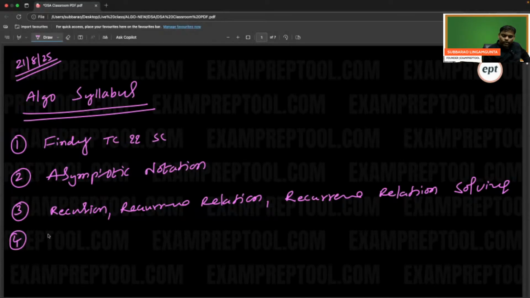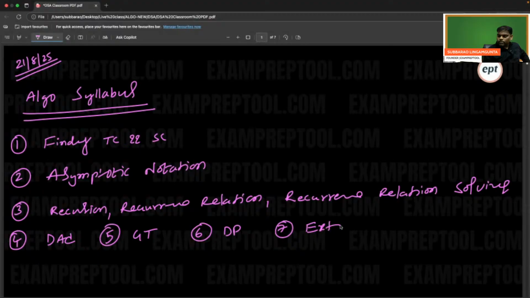Fourth one, DAC, divide and conquer. Fifth one, greedy technique. Sixth one, DP. Seventh one, extra topics.